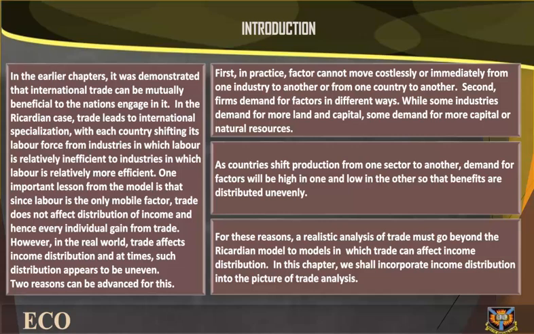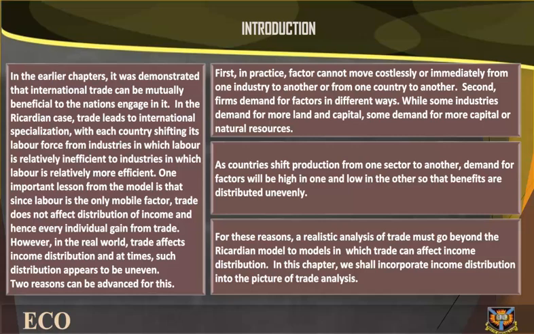However, in the real world, trade affects income distribution, and at times such distribution appears to be uneven. Two reasons can be advanced for this. First, in practice, factors cannot move costlessly or immediately from one industry to another or from one country to another.